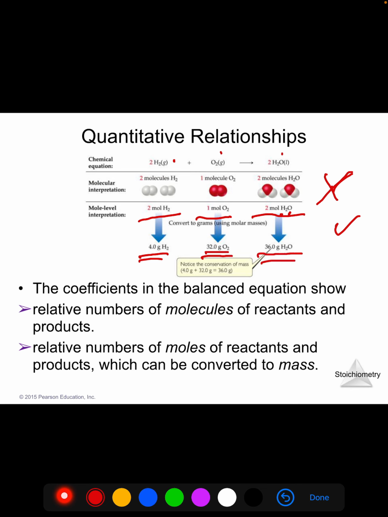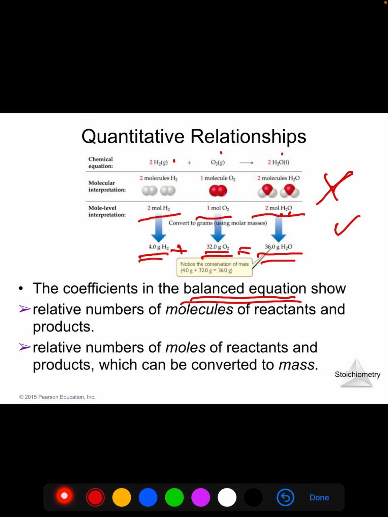And if you notice, the 4 plus 32 on the left for the reactants equals the 36 on the right for the product. So we've followed our law of conservation of mass, and we have a balanced chemical equation. We practiced doing those in the last assignment for the first part of this chapter.